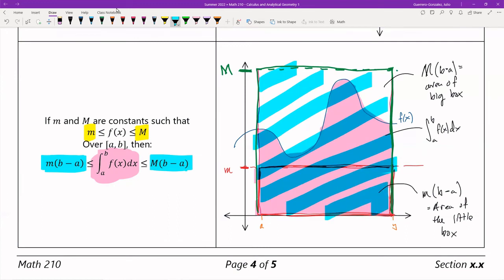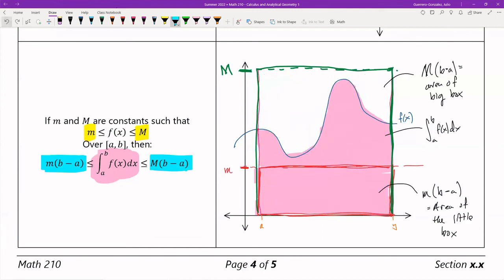So like I said, if you picture these as areas, the theory, the ideas, the definitions, these properties make much more sense.